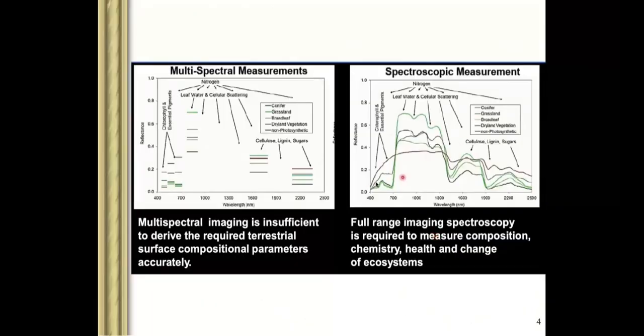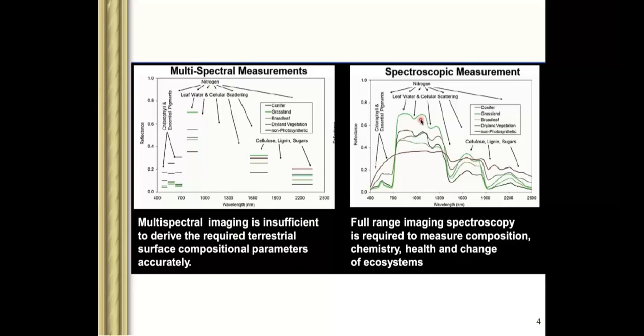Suppose you take a spectral radiometer, that ground based spectral radiometer, over a conifer forest, then you will get the signature of the conifer forest. Over grass, you will get the signature of the grass.